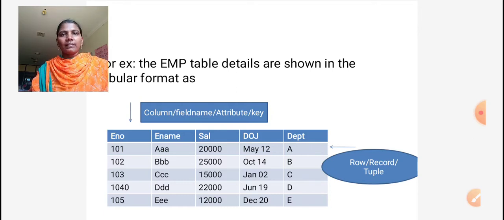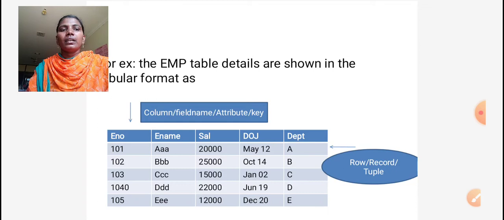The table itself is called an entity when we use the ER model. The column names are called field names and the rows are called records or tuples. The fields are the characteristics or attributes of that particular table.